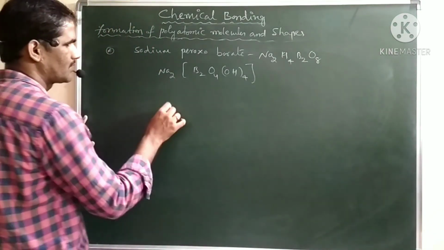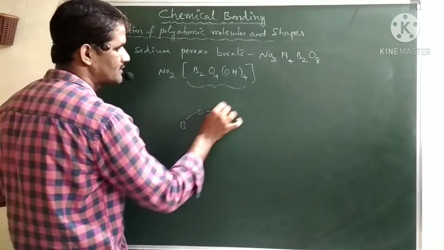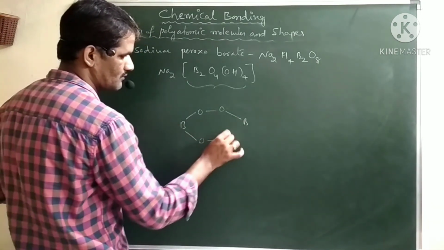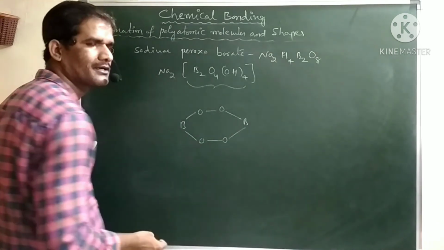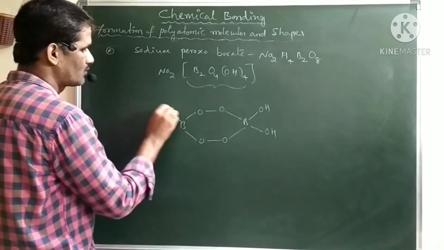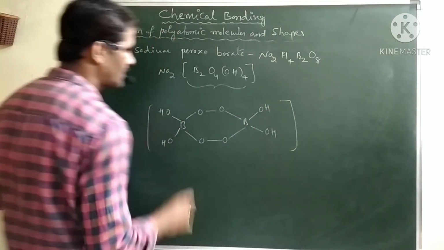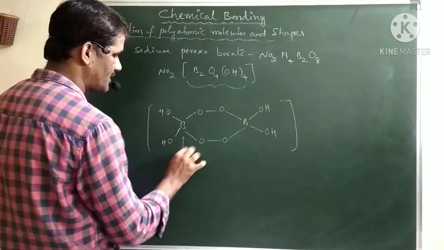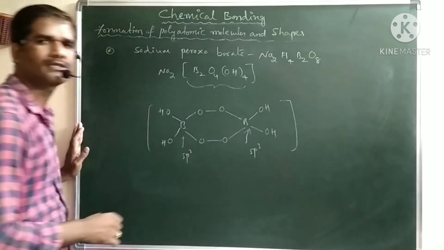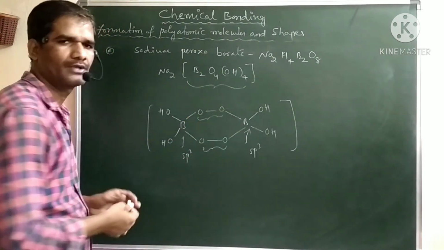Now the geometry of this molecule: boron has 2 peroxide bonds. So you have oxygen-oxygen peroxide linkages, and the terminal borons now have 2 OHs. Again, here each boron will undergo sp3 hybridization. 2 borons have sp3 hybridization, and these 2 are peroxide linkages in that sodium peroxoborate.